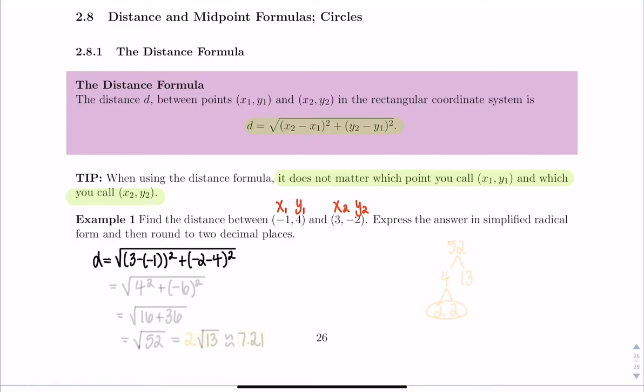So now we just want to go ahead and simplify the inside. We have 3 minus -1. Well, this is really just 4 squared. Plus -2 minus 4, which is -6 squared.